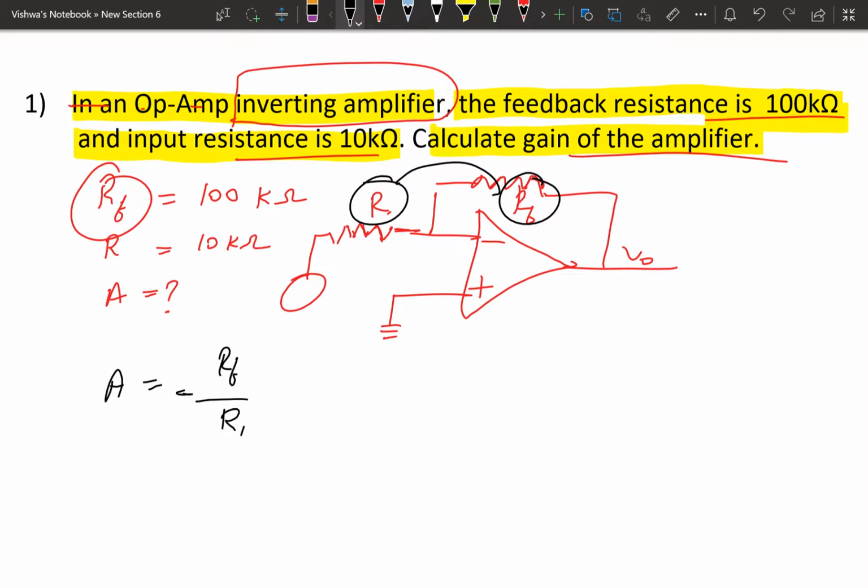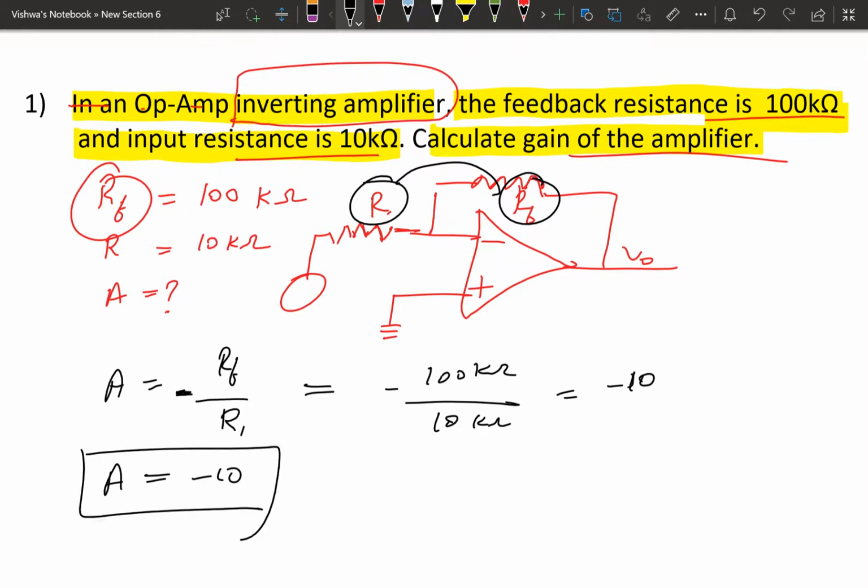So RF is 100 kilo ohm and R is 10 kilo ohm. It is 10. The minus sign indicates it is inverting. The gain of this inverting amplifier is minus 10. There is no unit for the gain, it is unitless. We'll go for another kind of problem.